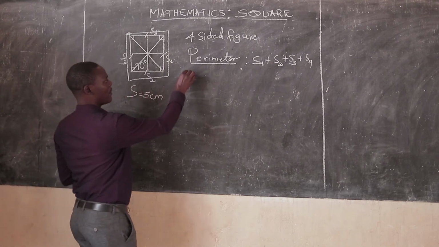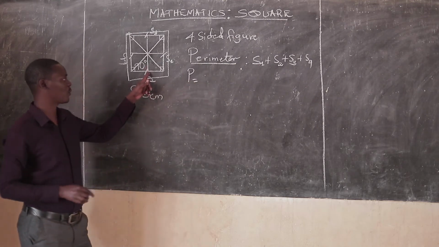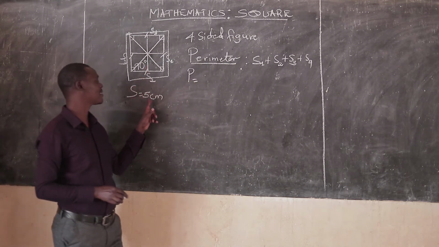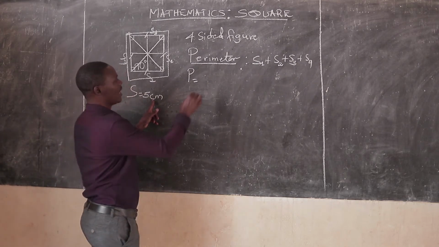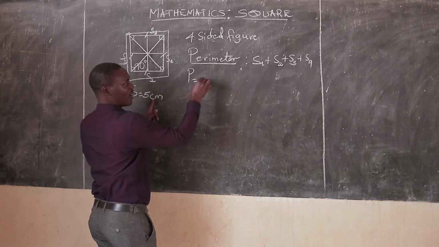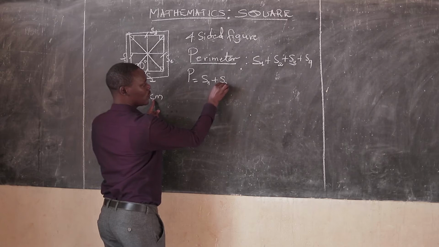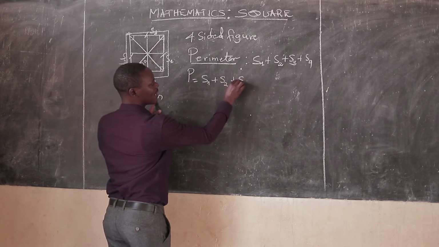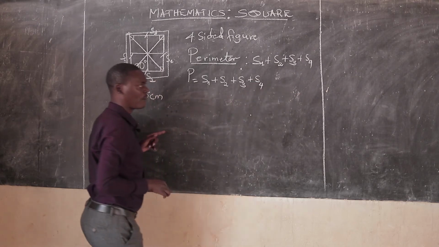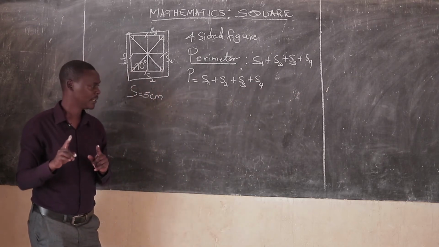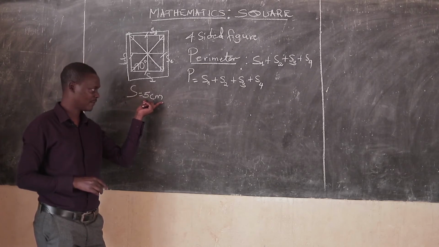Now, to get the perimeter of my square, which has 5 centimeters for the side, it will be, as the formula says, side 1 plus side 2 plus side 3 plus side 4. And we said our side is 5 centimeters.